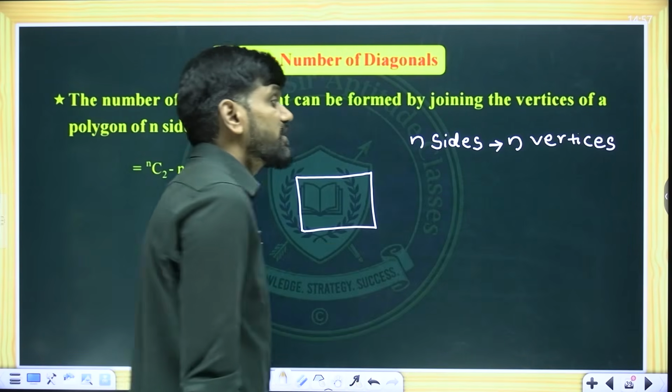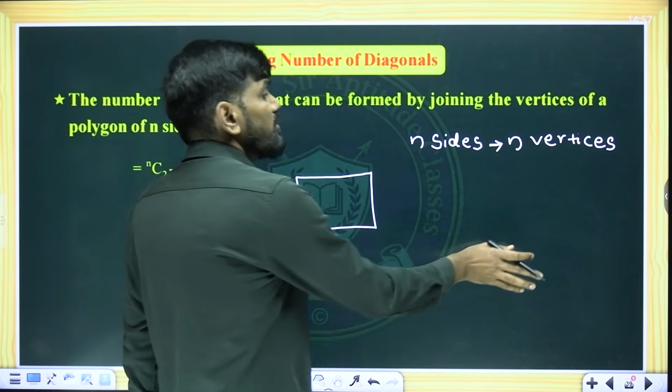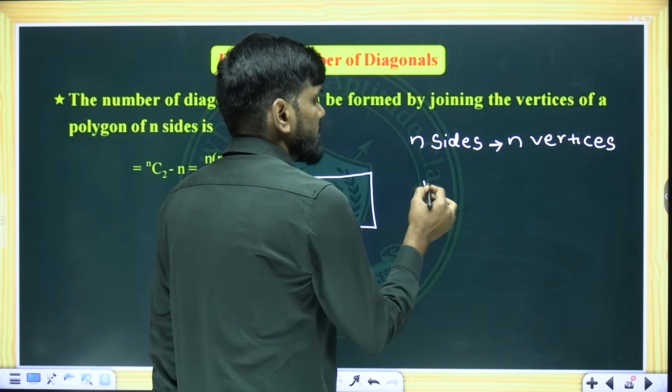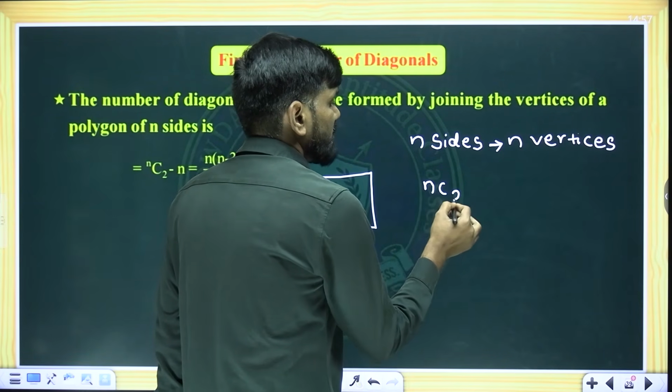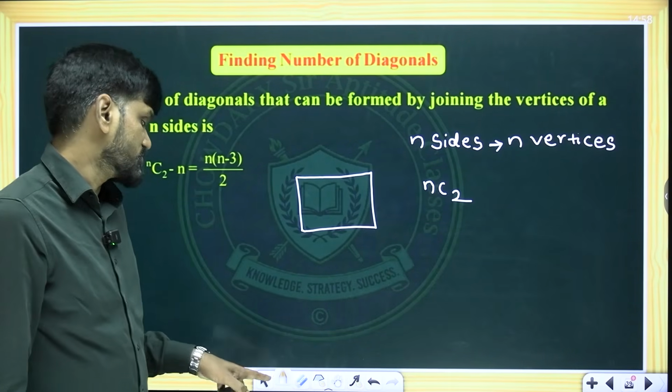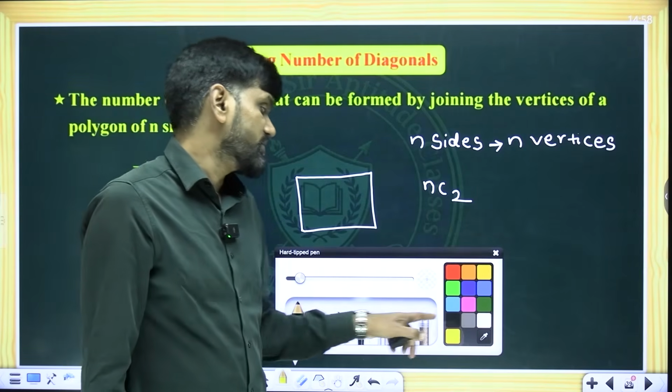N sides means n vertices. So, joining of any two vertices will lead to a diagonal, I am saying. So, nC2, joining of any two vertices will lead to a diagonal. There are four vertices. Joining of any two vertices will lead to a diagonal.